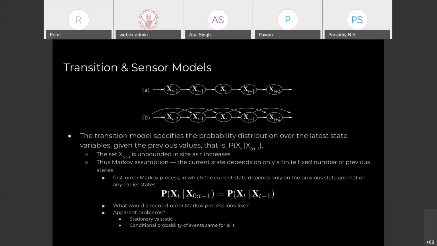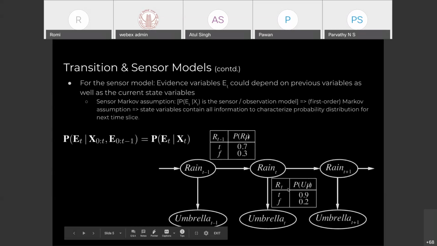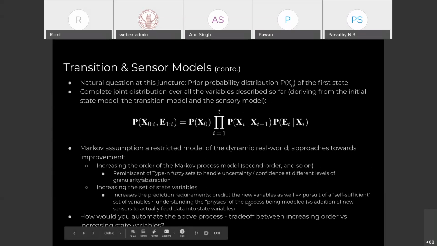One question is these data structures and knowledge activation protocols. And another question is how would you embed semantics of the real world into your probabilistic reasoning models? Okay, these are two questions. So now again, how would you automate this process above? How would you increase the order versus increasing state variables? Because remember, I just mentioned this, that the purpose over here is operational ease.